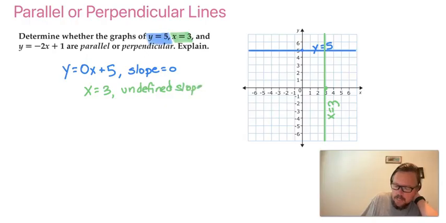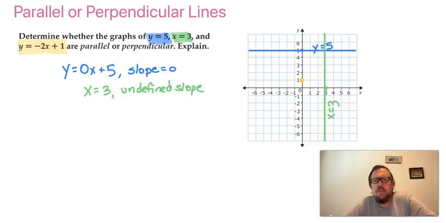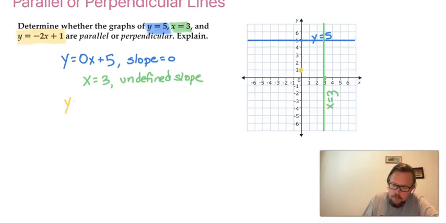There we go. And then finally, our last one is y equals negative 2x plus 1. So this one has a y-intercept of 1. So we're going to put a 1 right there. And then the slope is negative 2. So the rise over run is going to be negative 2 over 1. So we could write this as negative 2 over 1x plus 1.